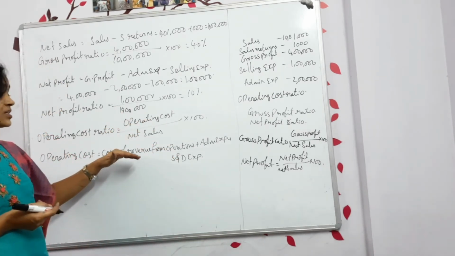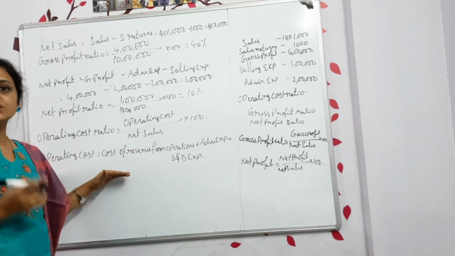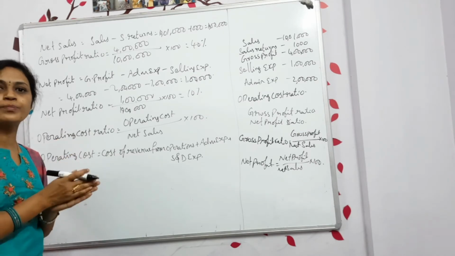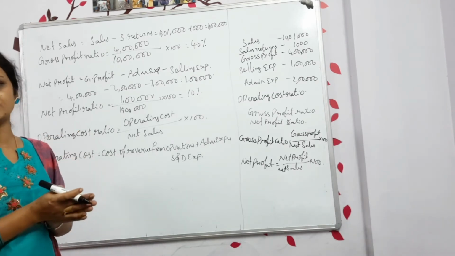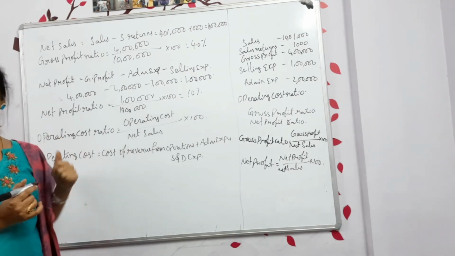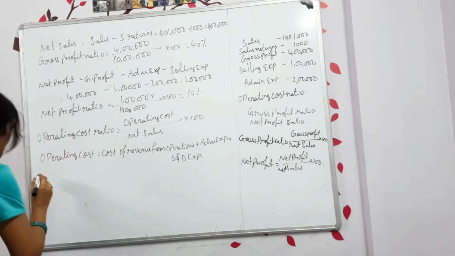Okay. This is not revenue from operations. This is cost of revenue from operations. To get the revenue from operations, whatever you have spent, that is called cost of revenue from operations. First, let's find out what is cost of revenue from operations.